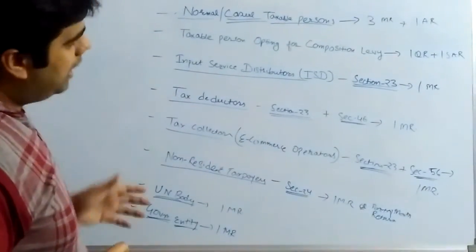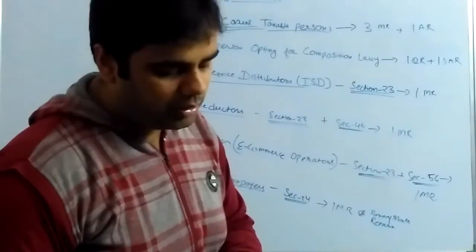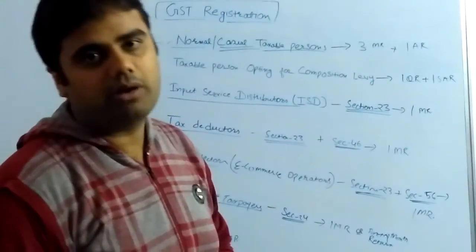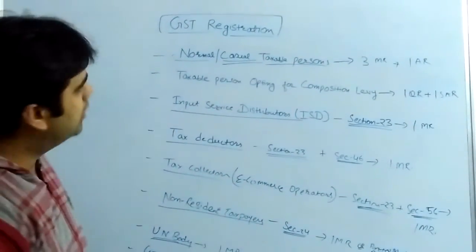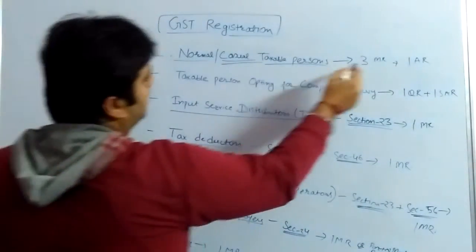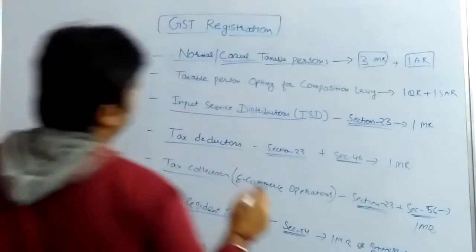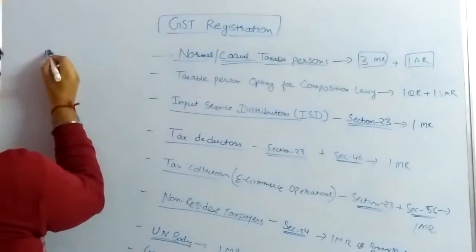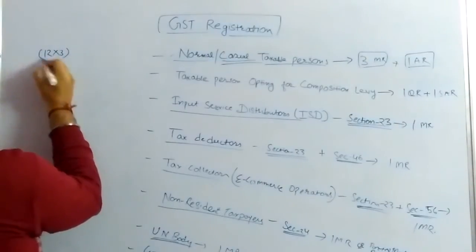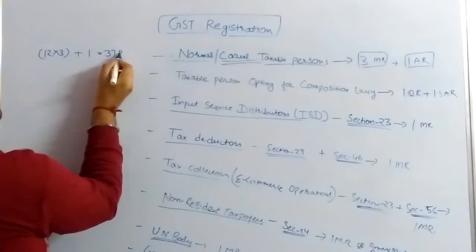So I have just given you a brief overview about the different types of returns and the count of returns. If any taxpayer is registered as a normal or casual taxable person, they have 3 monthly returns and 1 annual return. So it means they have to file 12 into 3 plus 1 annual return, 37 returns.